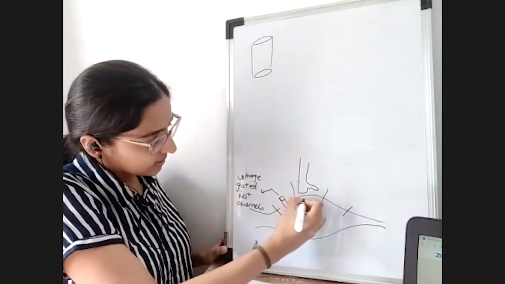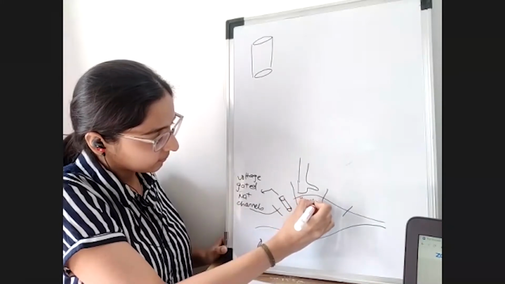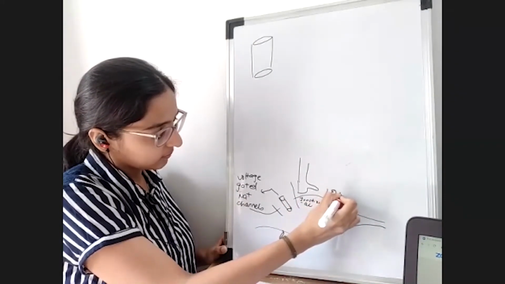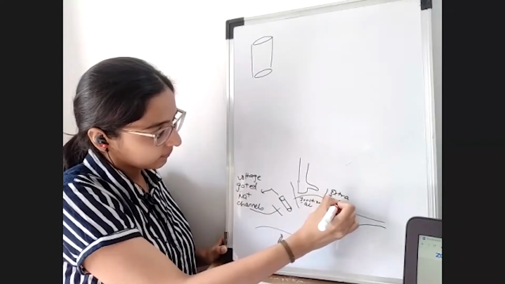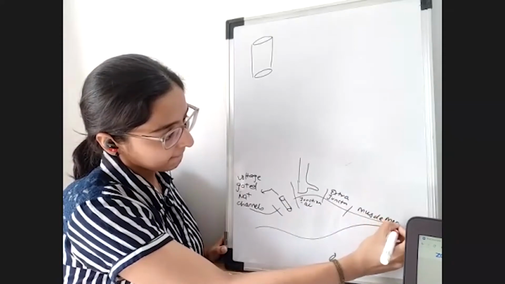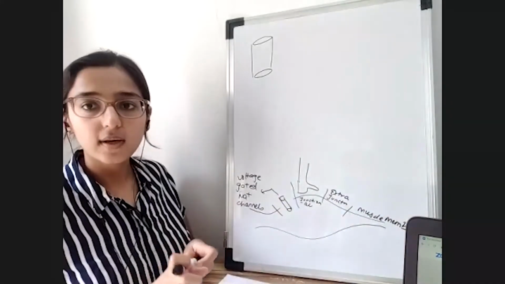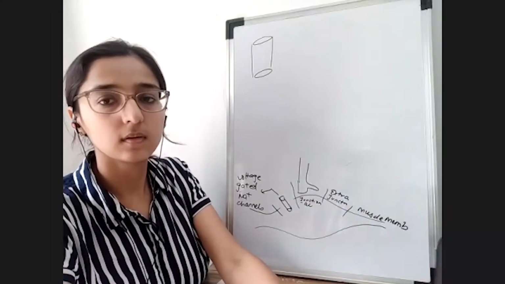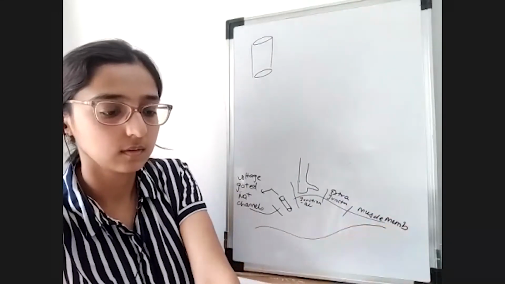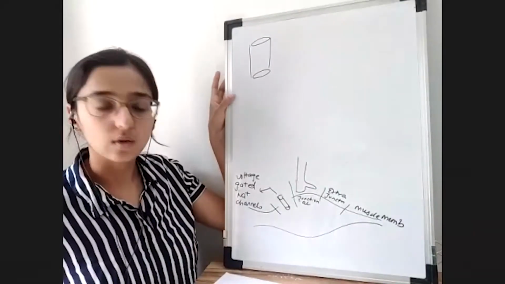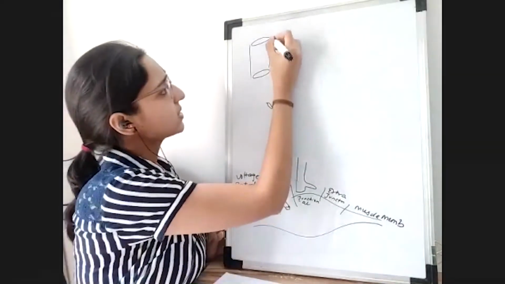This is the muscle membrane. So here we have the sodium channel. Now, how does this sodium channel work?